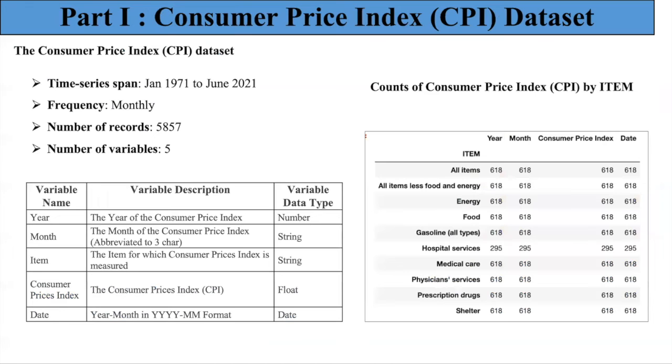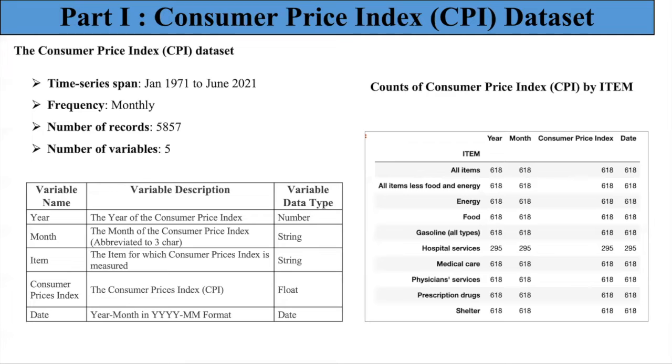Let's deep dive very quickly into what the data set has. The time series spans from January 1971 to June 2021, and it is monthly data. We have 5 variables, primarily the year, month, and date, the consumer price index, which we will be predicting and processing, and the item variable, which specifies what kind of consumer price index it is.